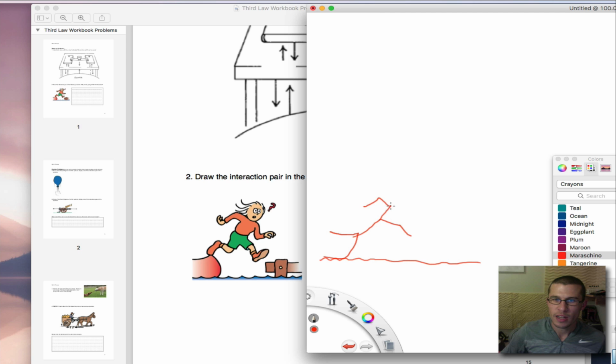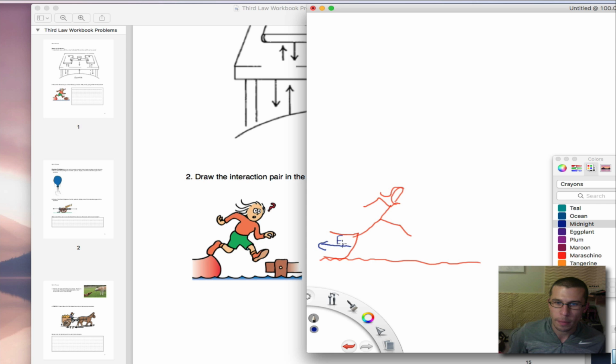She's in trouble. Why is she in trouble? She's in trouble because as she pushes, she's pushing the boat in that direction. There's a force.